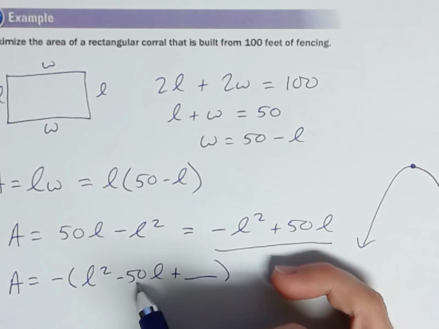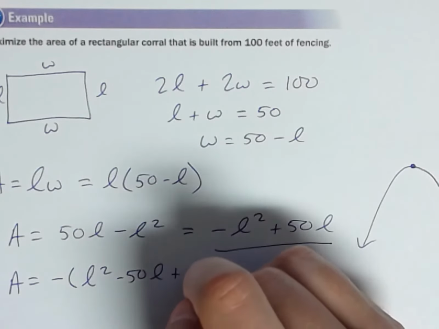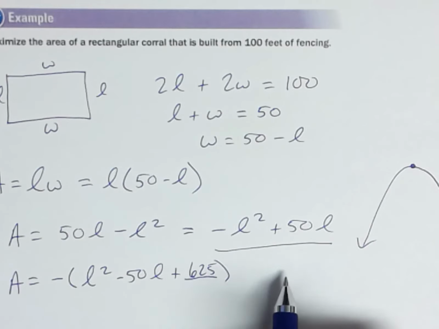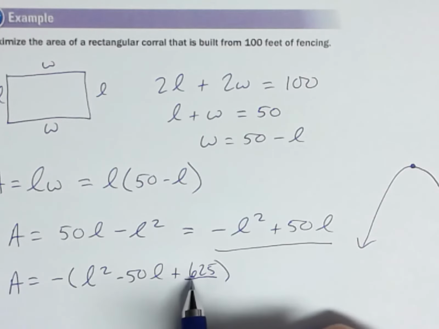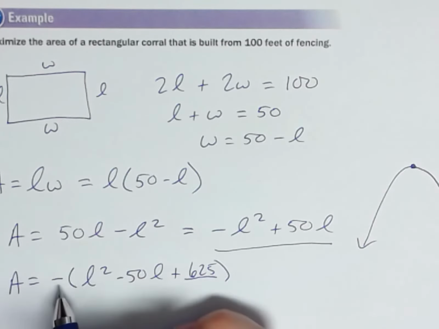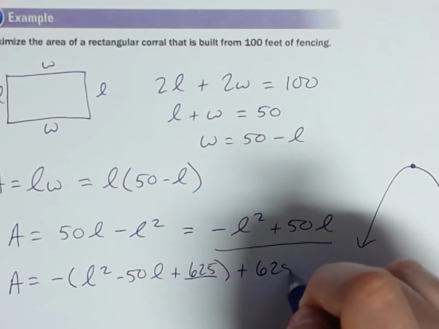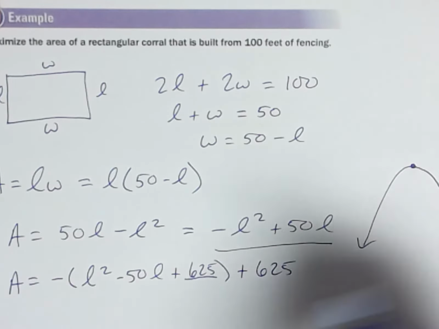Half of 50 is 25, squared, that's 625. So we're going to add 625. Now, what goes out here? Normally I do the opposite, but be careful, we have a minus in front. So this is actually minus 625 that I just added, so I'm going to add a positive 625 out front.